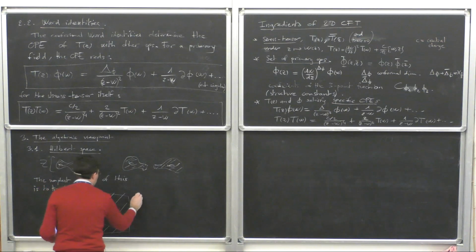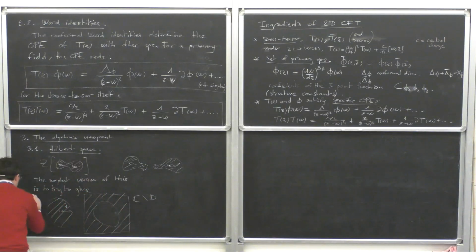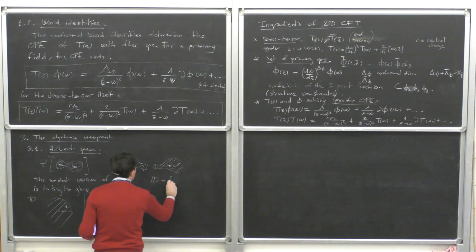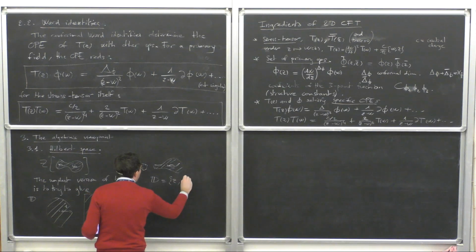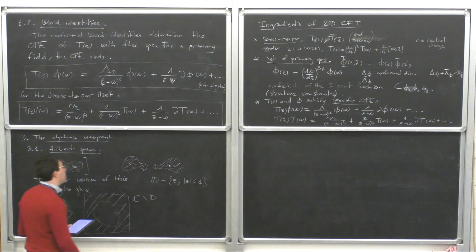Okay, so this is the plane minus the disk. This is the unit disk. Right, so D is the set of points z with modulus of z smaller than 1.